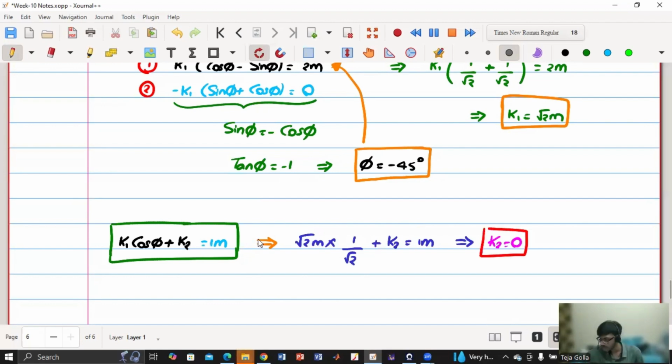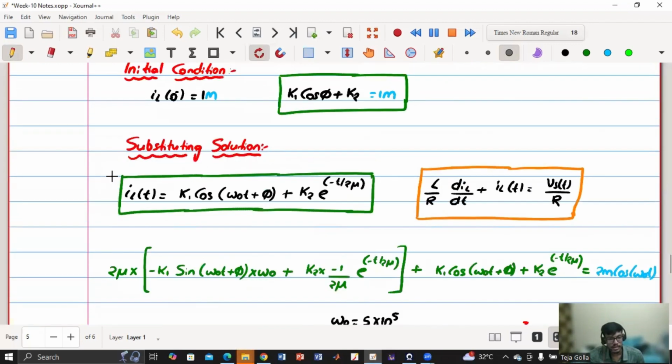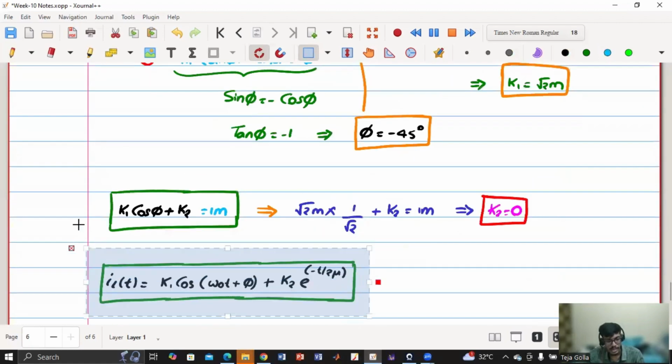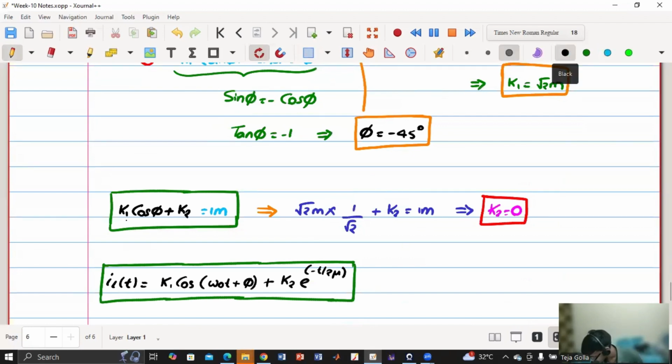So now I got K1, I got K2, I got phi. So now I'll get IL. So what is the value of IL? The second term will vanish because K2 is 0. So what is the expression of IL that I'll be getting?